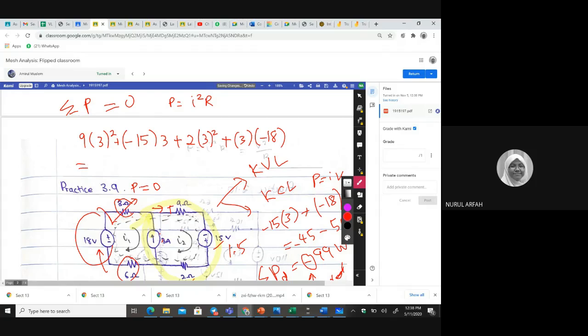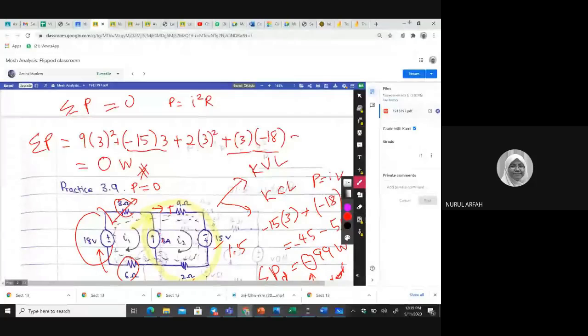Then you will have the summation of all power throughout this loop. You will have 0, right? Try calculating it. This one and this one we know equal negative 99.